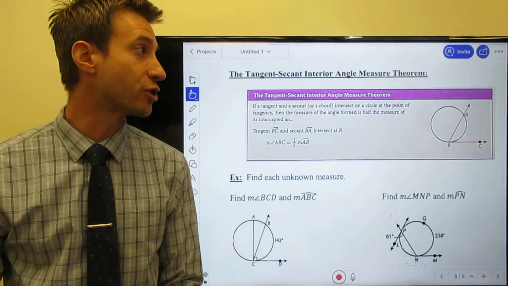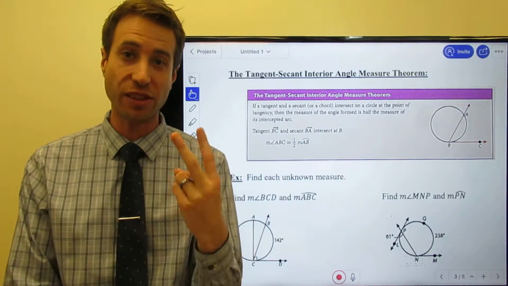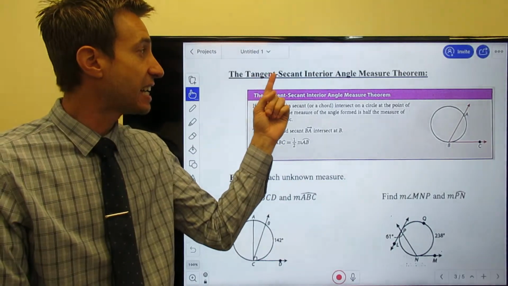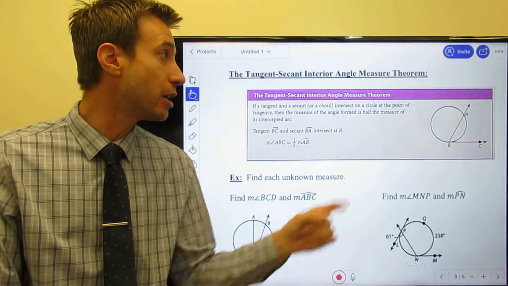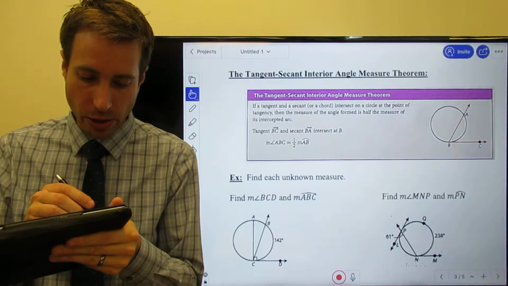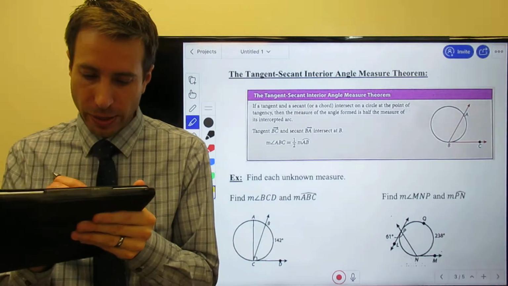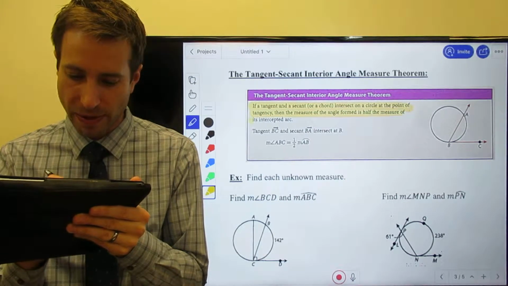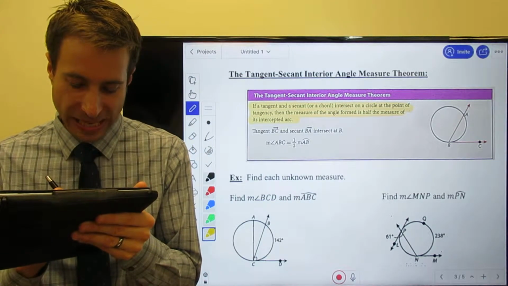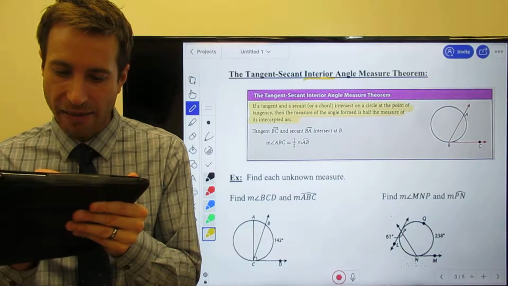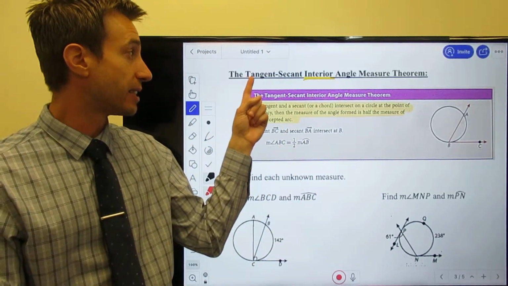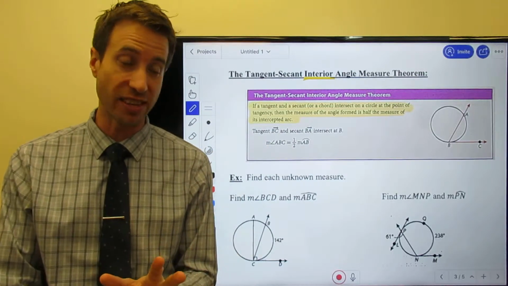What we're going to do on this page of the notes is look at our second theorem for finding an angle measure. This one's the tangent secant interior angle measure theorem. The really important word there is interior, because we have both an interior and an exterior tangent secant angle measure theorem.